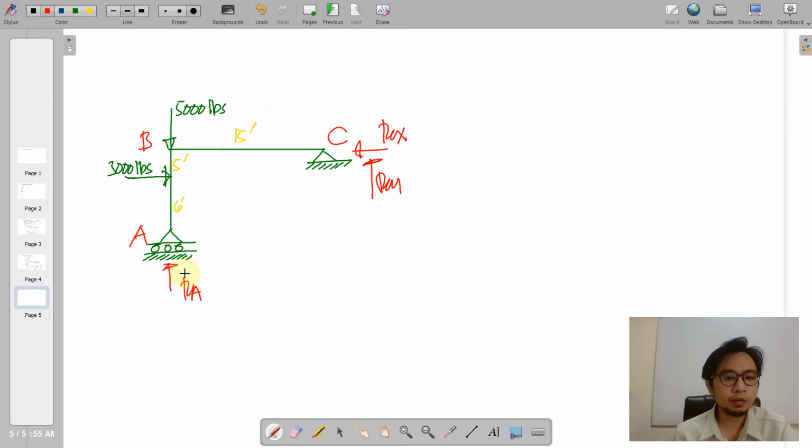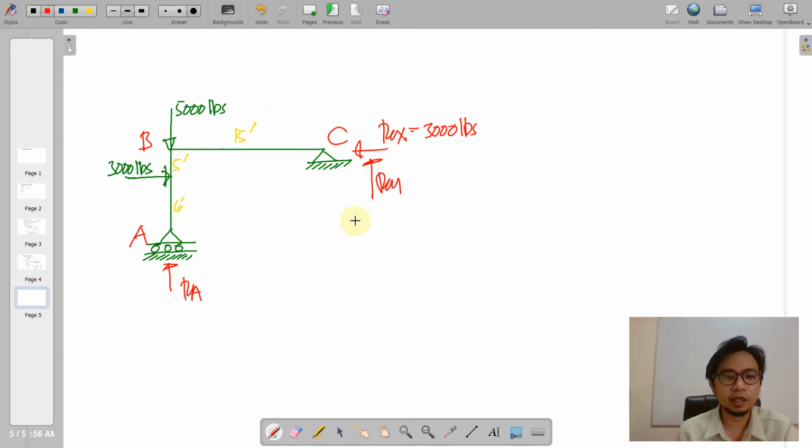So RA will have just one, that is vertical RA here, and then C will have two. Since this is pin connected, it will have a horizontal force RCX and a vertical RCY here. So RCX is obviously, if we take the horizontal equilibrium equation, we will just conclude that RCX is simply equal to 3000 pounds.